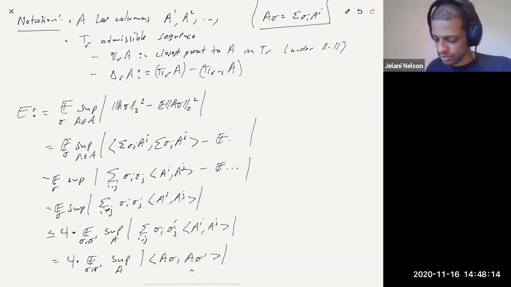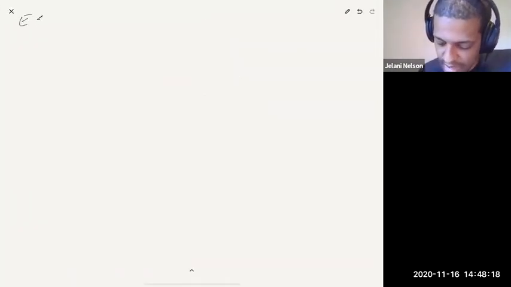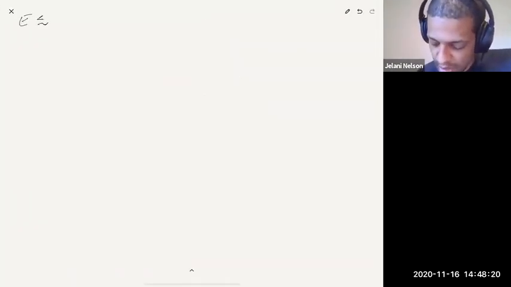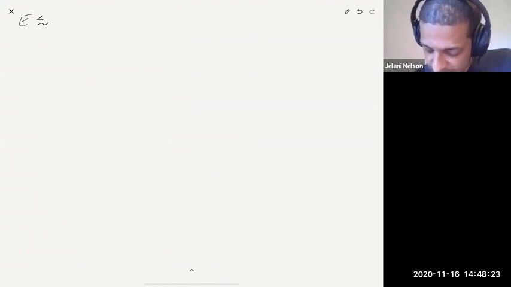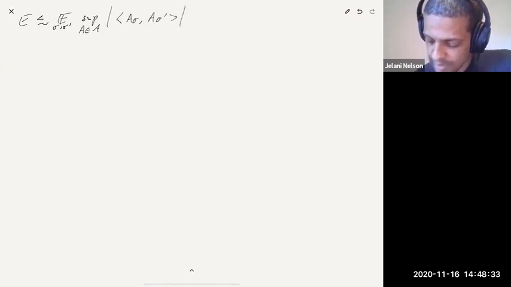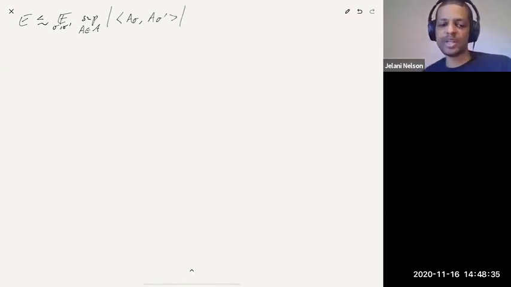Okay. So let's just remember now where we are. We've shown that E is at most, up to a constant, which is 4, the expectation over sigma, sigma prime of the sup over a in script A of a(sigma) dot a(sigma prime). Okay. Now a little bit of a magic trick.